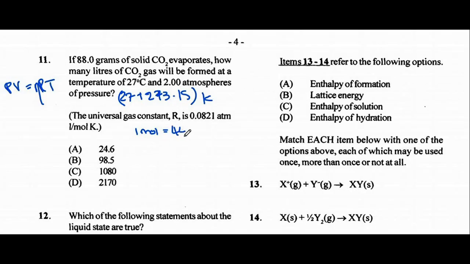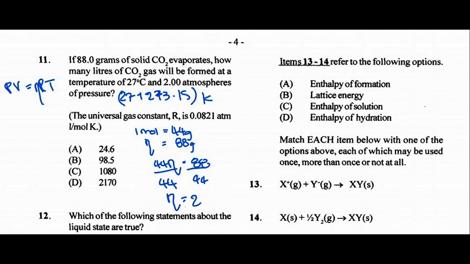And we need to find the number of moles, and n is equal to 88 grams. Off the bat, that's 2, because you know you're gonna have 44. Let me just write the whole thing out. 44n is equal to 88, and we need to find n, so we divide by 44, and that's 2. So the number of moles is equal to 2 moles.